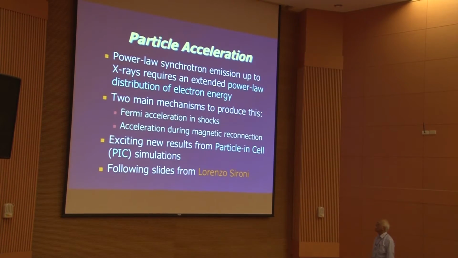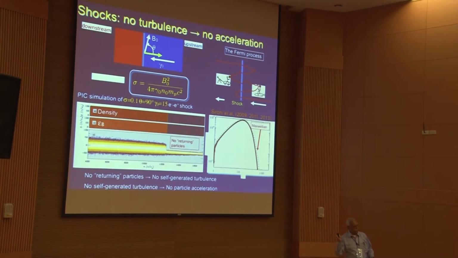Okay, so the first lesson that has come from these PIC simulations is that shock acceleration doesn't work very well for relativistic systems. If you have a shock which is relativistic, so that is to say the flows have gamma of several, and you have a magnetized system where the sigma parameter is largish, sigma is basically a measure of how strong the field is relative to the rest mass energy of the gas, okay?